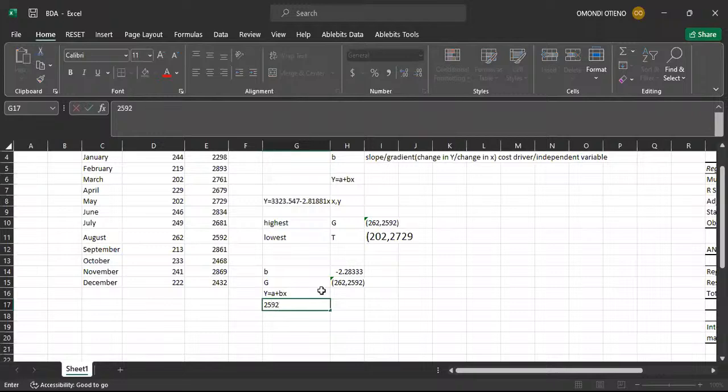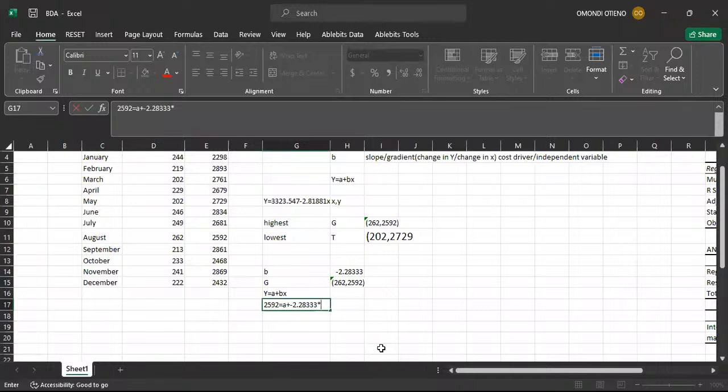So it tells us that 25.92, which is the total cost, is equivalent to A plus BX. What is the value of B which we calculated? The value of B is negative 2.2833 multiplied by X. What is the value of X as per what I have here? If you are really following what I'm doing, what are we going to have as the value of X?